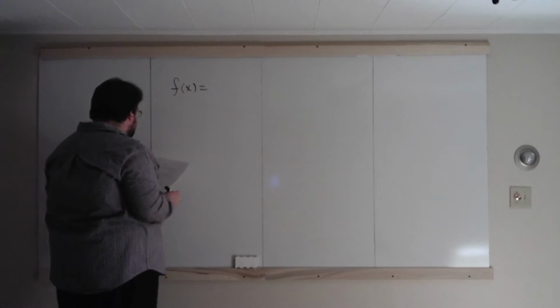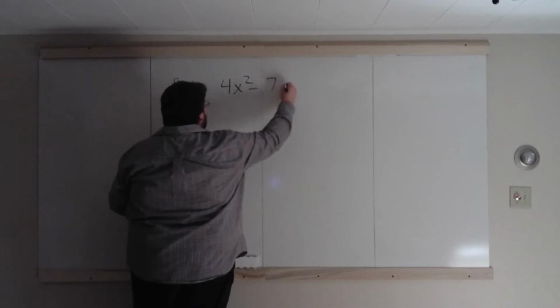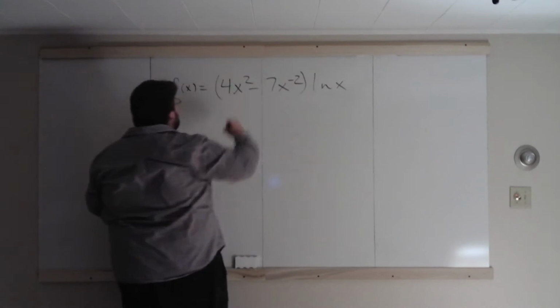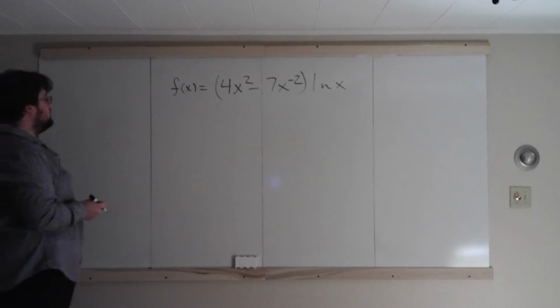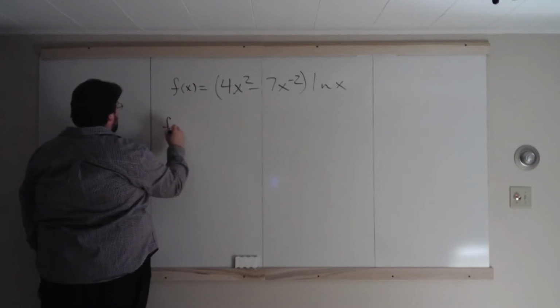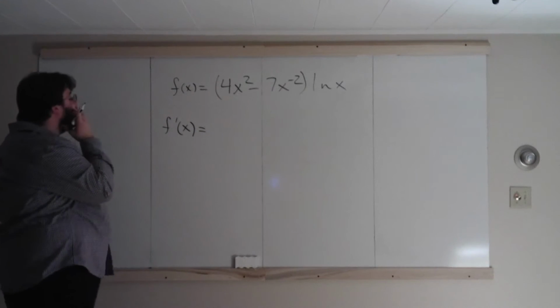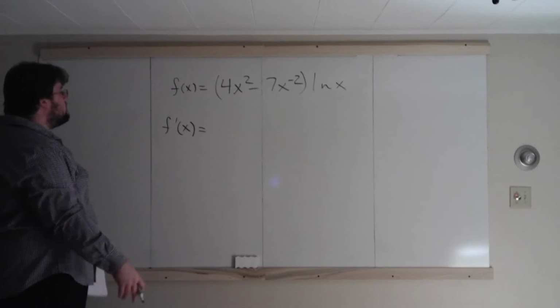Yeah, okay, let's do this one without simplifying it. 4x squared minus 7x to the negative 2 log x. You could distribute that out. I'm not going to, because if we distribute that out, then we'd have to do 2 product rules. If we leave it like this, we'd have only 1 product rule.